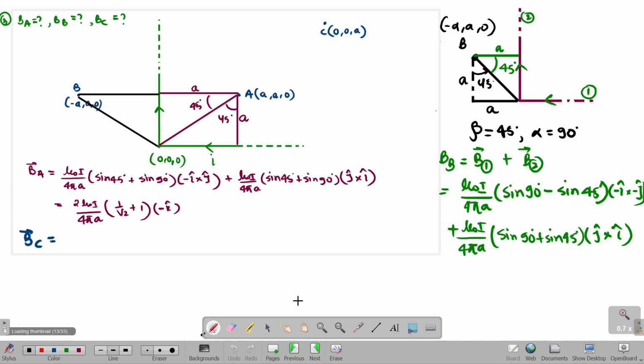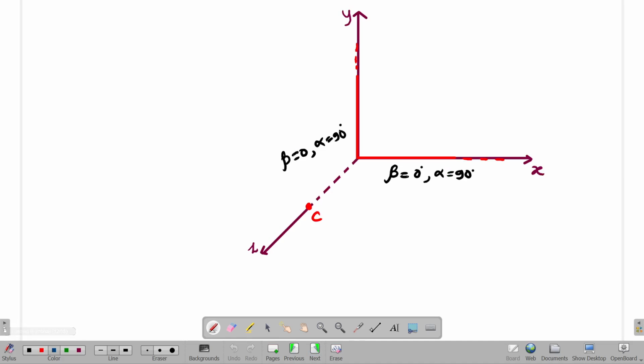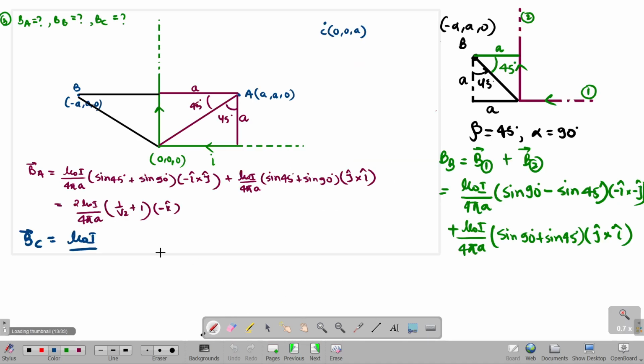So I can write the magnetic field at point C as mu naught I. Distance of both of them is this gap, which is A. So mu naught I by 4 pi A, for first wire, sine alpha 90 plus sine 0. I'm not considering that. Got it?